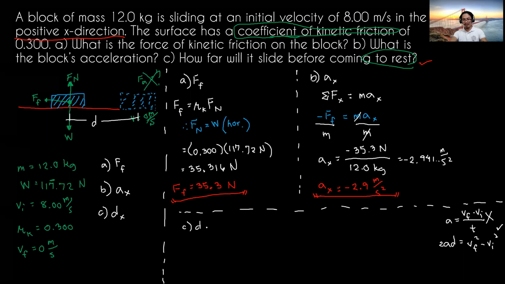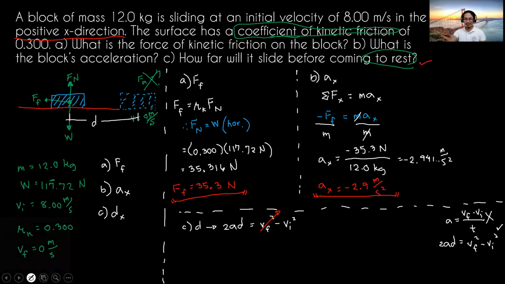So that means for the displacement, we will use 2AD is equal to VF squared minus VI squared. Okay, so since our final velocity is 0, this term can be disregarded.